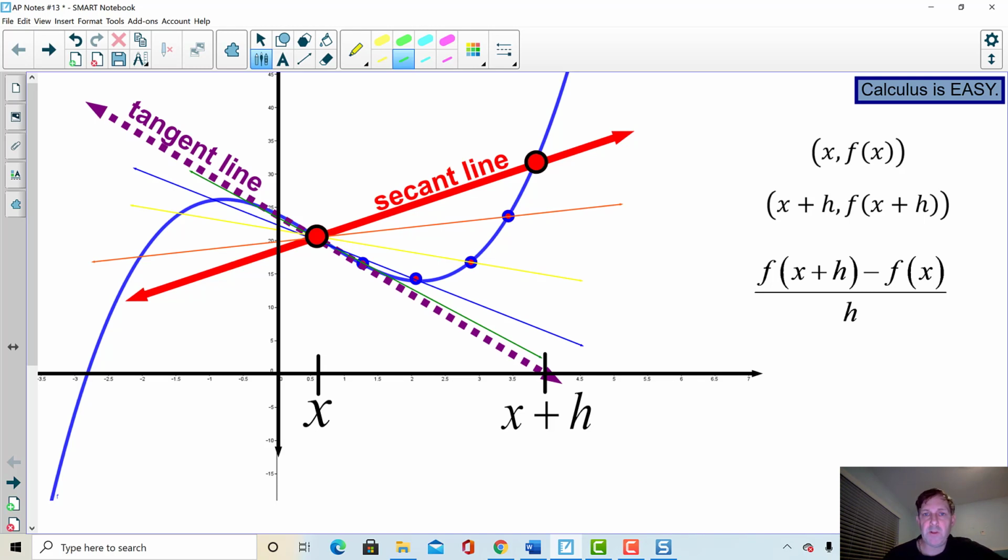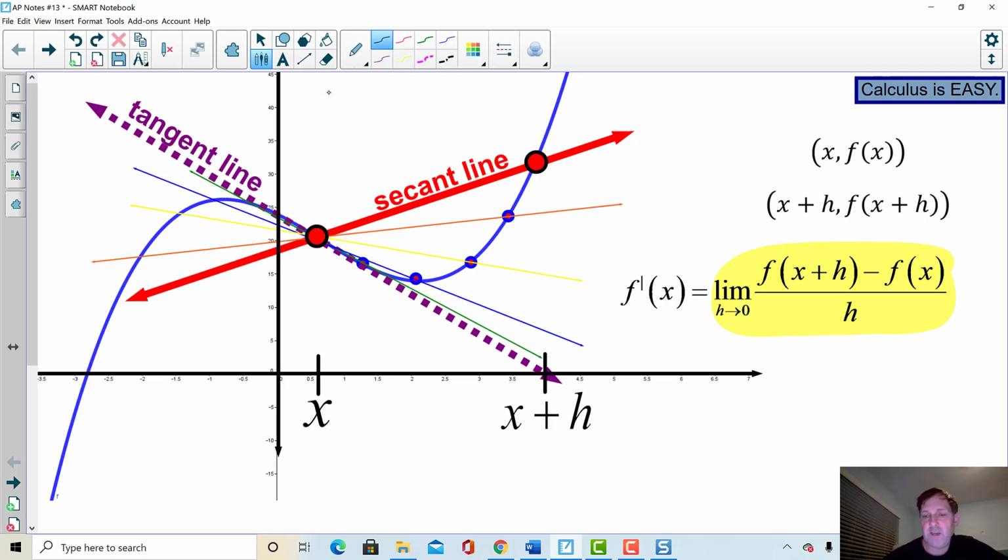If we do the limit as h goes to 0, then this point will get closer and closer to this point here. And that means the slope of that secant line will get closer and closer to the slope of that tangent line. So this here, combined with the limit, is the actual slope of the tangent line.